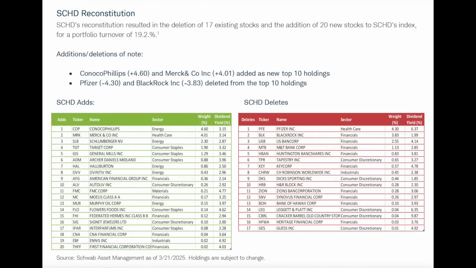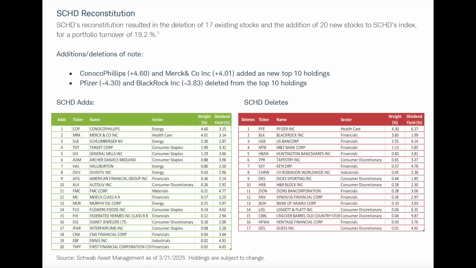What you can see this time are some additions and deletions of note. In terms of additions, they went kind of heavy with some energy sector stocks like ConocoPhillips and Schlumberger. You can also see some healthcare, some consumer staples as well. Those are the additions.